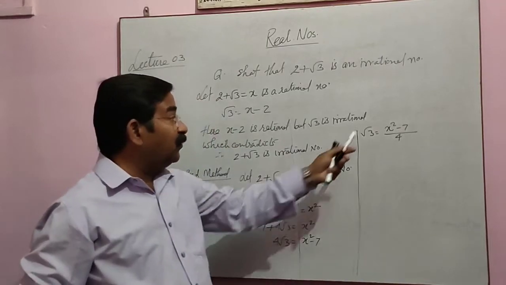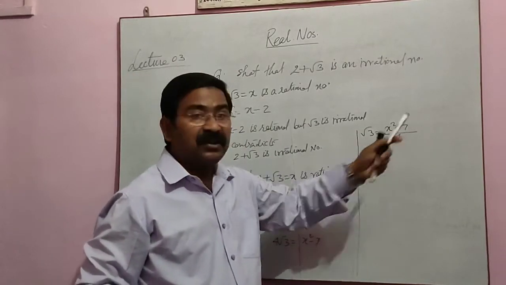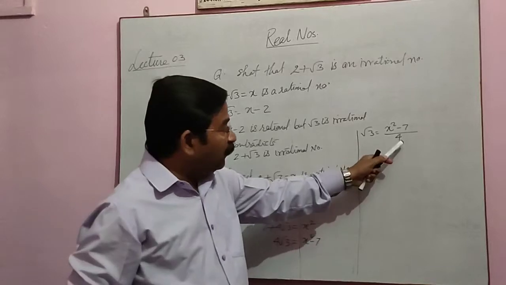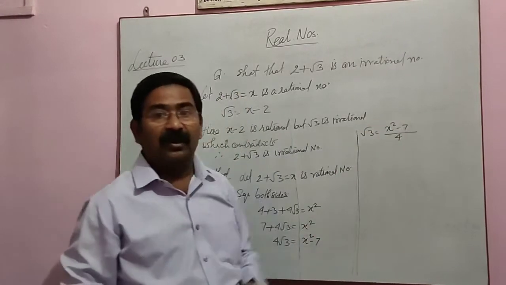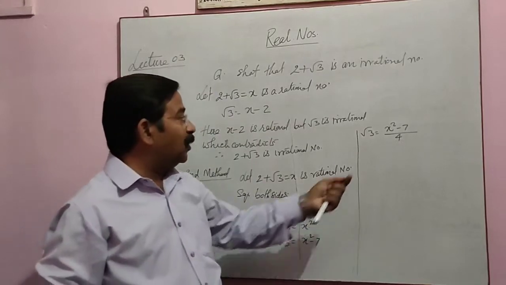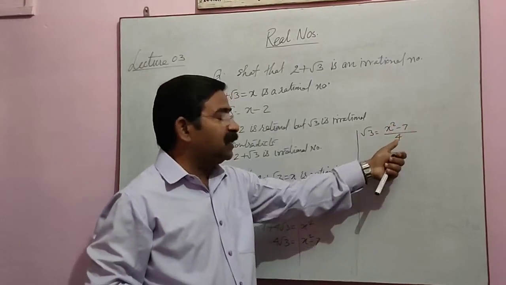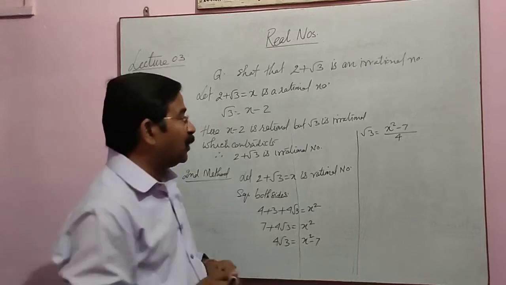Why did I say that? Difference of two rational numbers is a rational number. Divided by 4, 4 is rational. Quotient of two rational numbers is rational. Finally we observe that x square minus 7 upon 4 is a rational number.